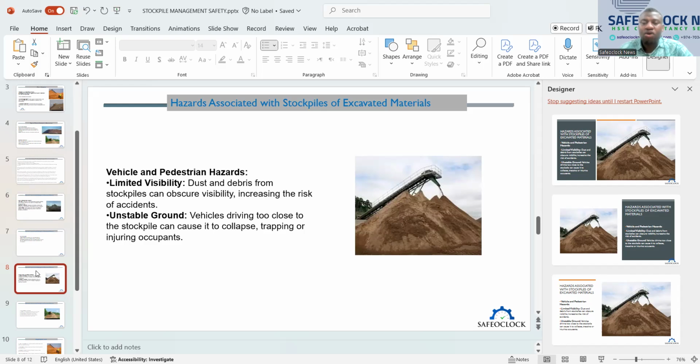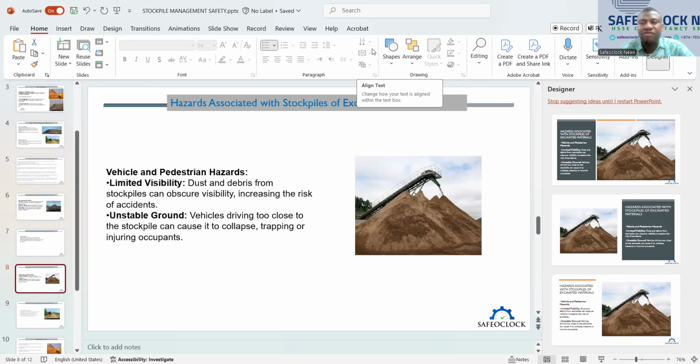Another thing that can cause low visibility is dust. Depending on the material you are tipping, if you are tipping excavated material that is very sandy, dust could be emanating in the process of tipping the material. So in that process, there will be low visibility.